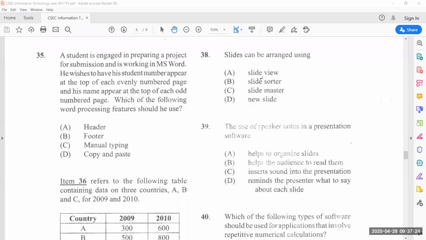And there's header, footer, manual, typing, copy and paste. So which one of those will he use? Okay, yes, so the header is what he would use, okay?